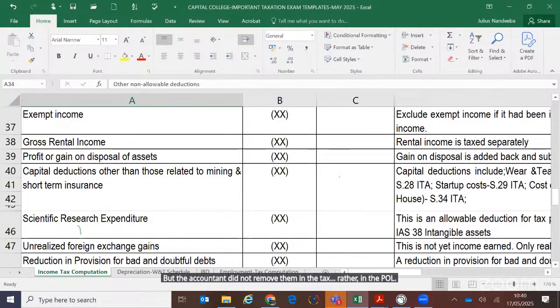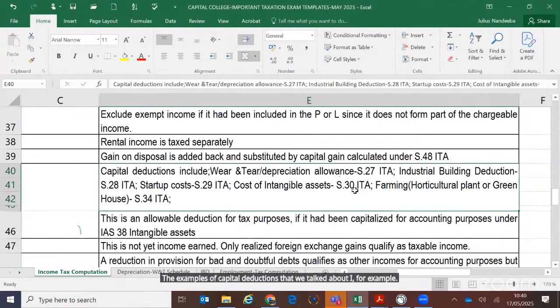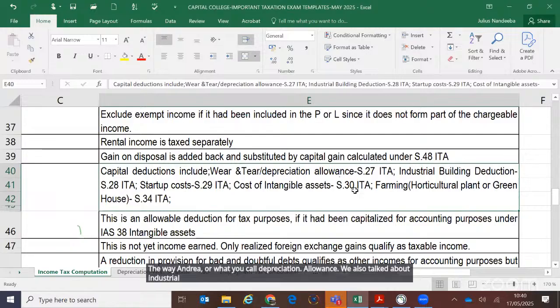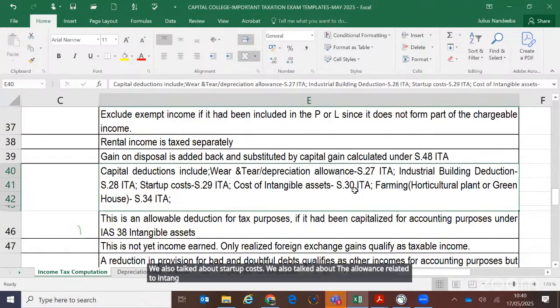Examples are the capital deductions. The examples of capital deductions that we talked about are the wear and tear, or what you call depreciation allowance. We also talked about industrial building deduction, startup costs, and the allowance related to intangible assets.